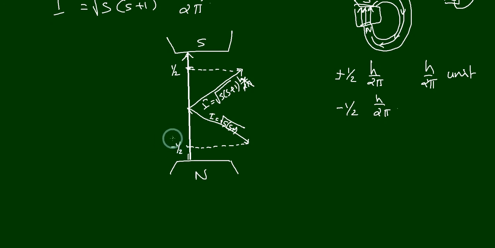In any other direction, it will not be a half integral multiple of h divided by 2 pi. So this is a quantum mechanical restriction, a spatial or directional restriction. Now we have the components of the angular momentum. These components can be called Iz, because it is a component in the z direction. Here the Iz value is half, and here the Iz value is minus half.